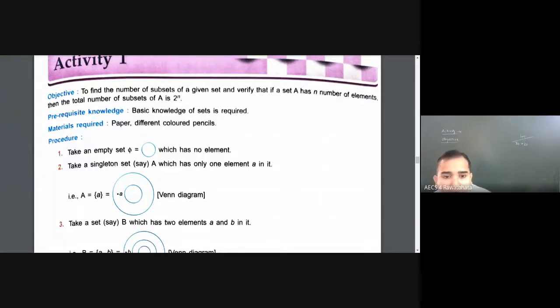Okay. Procedure is that take an empty set. Empty set means it doesn't contain any element. So diagram wise we make a circle and do not write anything within the circle. Then take a singleton set, say A. We take the set containing 0 elements, in the first point. Then in second point we take a set A containing 1 element. You can see this contains only 1 element.